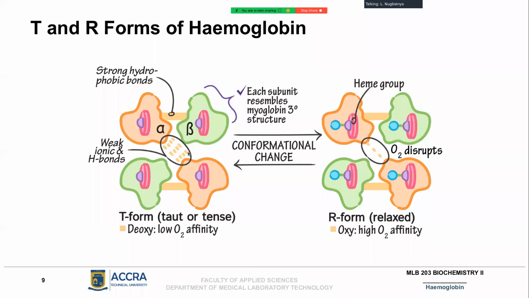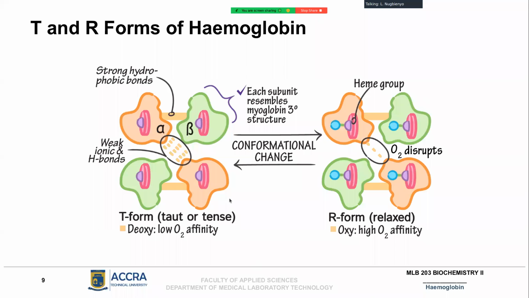There is a strong hydrophobic bond between the alpha and the beta globins, as well as some weak ionic and hydrogen bonds between the alpha globins. They are tightly bound together. That's why they are referred to as taut or tense. No oxygen is bound to them.